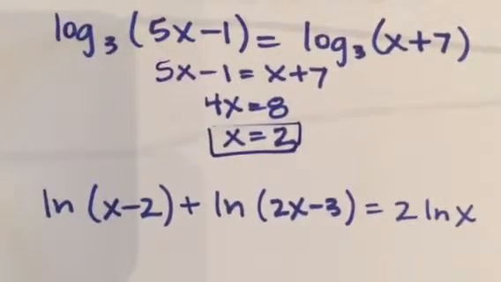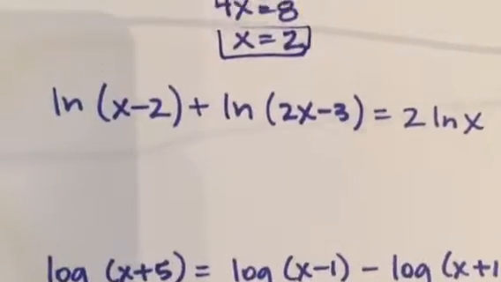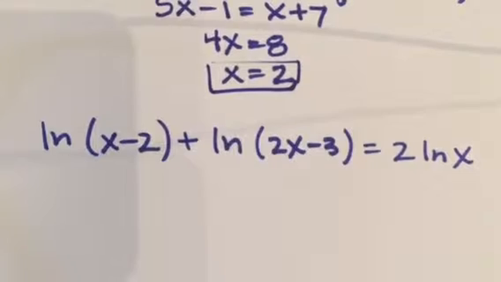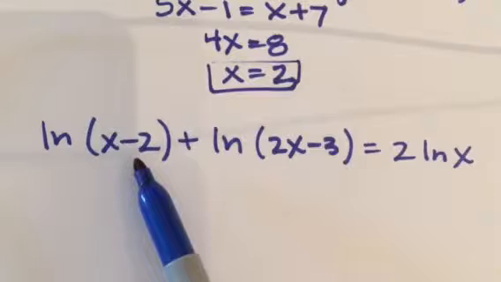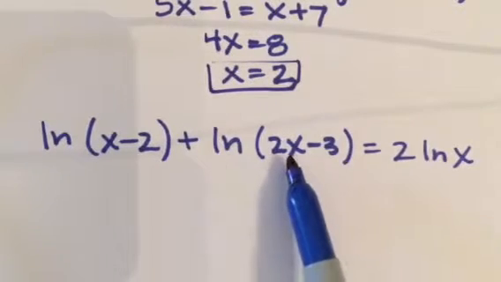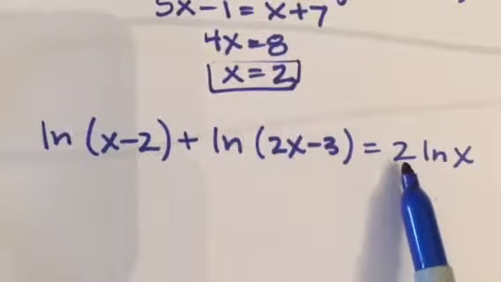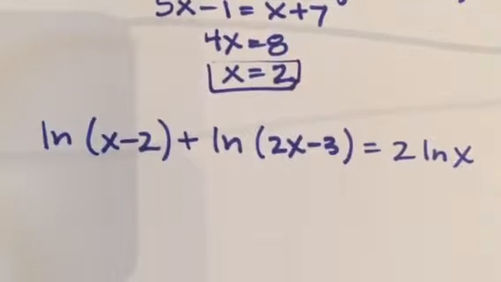All right, next example. And this is a little bit different because we have 2 logarithms on the left side and 1 on the right. We have ln of x minus 2 plus ln of 2x minus 3, and that's equal to 2 times the ln of x.